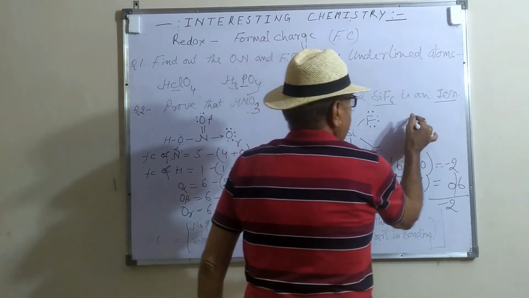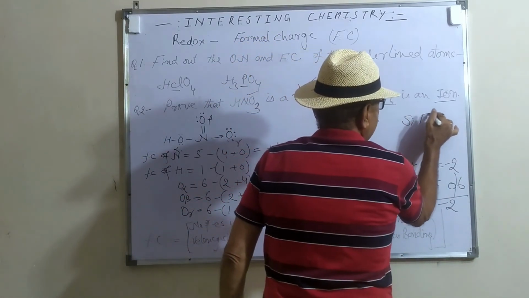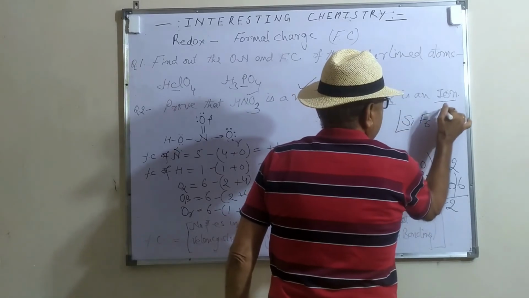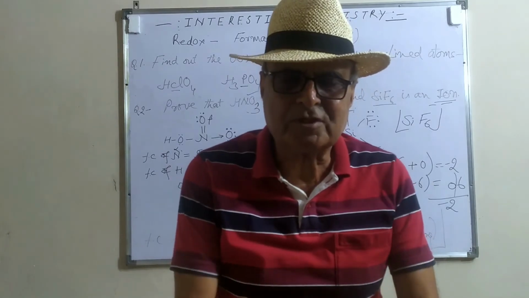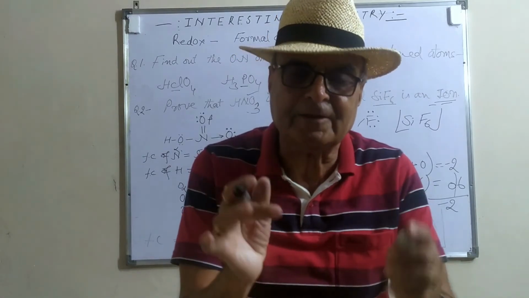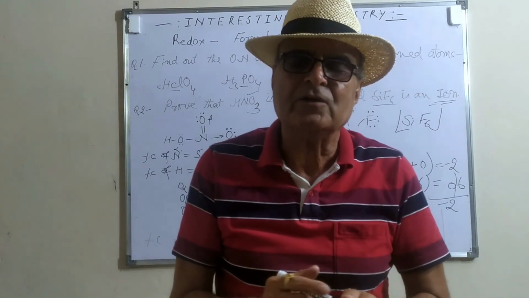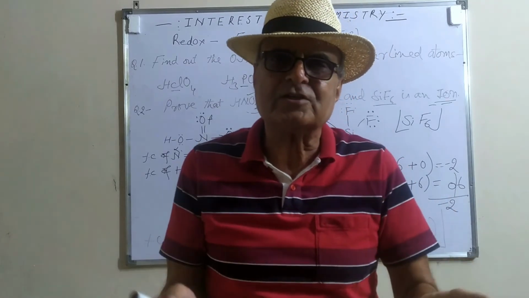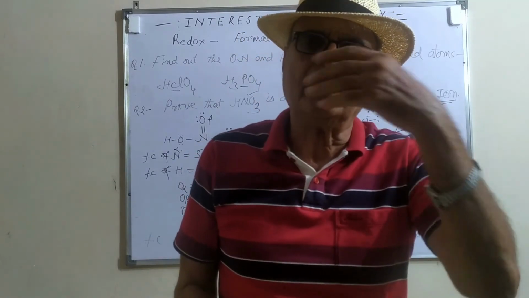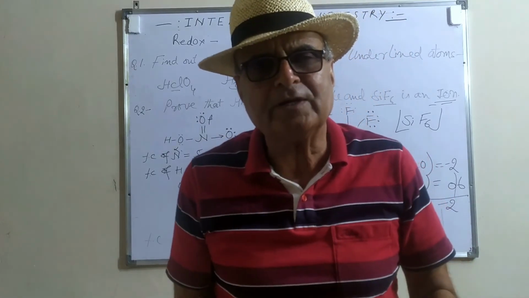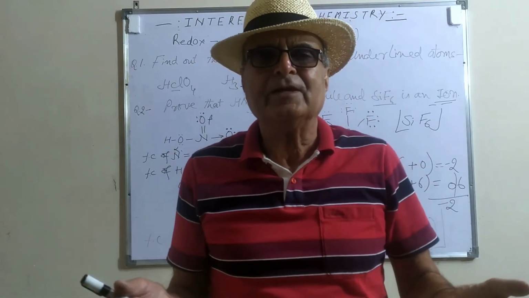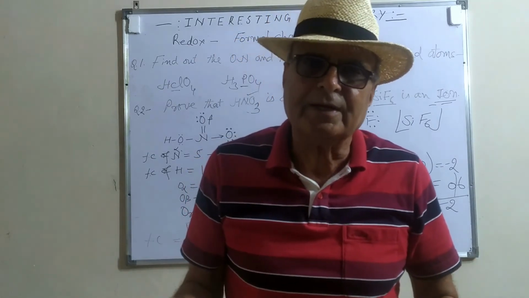So you will write here SiF6 is an ion. To decide whether a structure is a molecule or an ion, the formal charge is very important to decide between the molecule and ion.